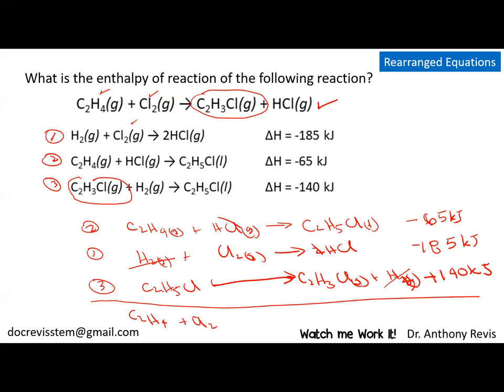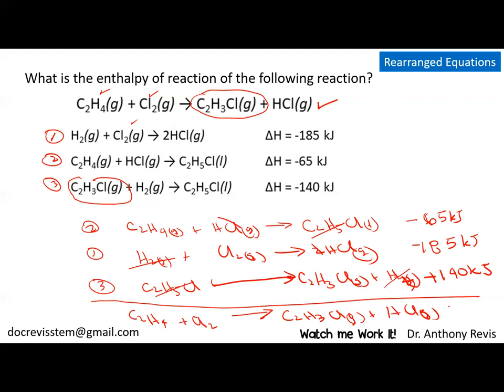Oh, you know what else I can cancel out? This. And when I do all of that canceling, see what I'm left with, that. And over here, I'm left with C2H3Cl gas plus HCl. I believe that was gas. It's important to note the states, but occasionally you get a little sloppy and leave them out.